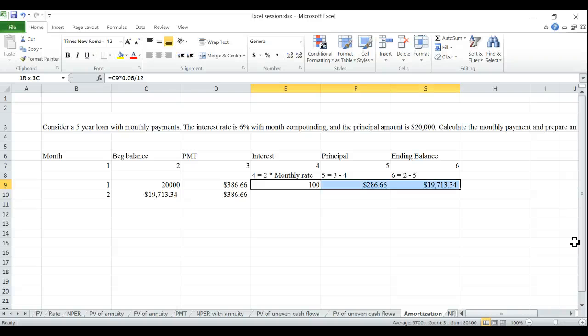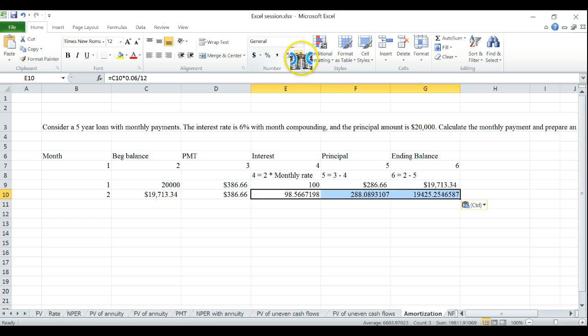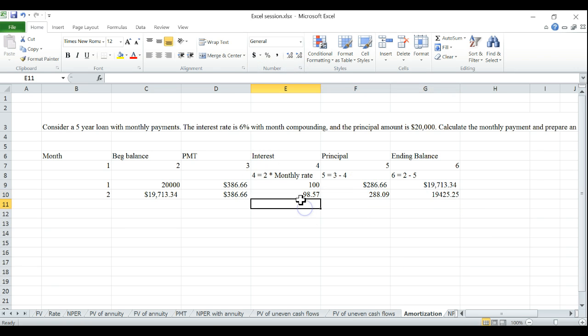And then we can just copy these in the next row, and we'll get the values. We only want to see 2 decimal points, so just making it a little bit prettier, or we could just make it $1, and that's the value that we have.